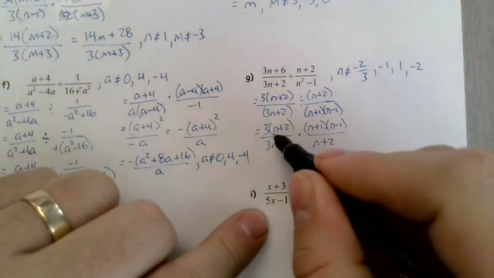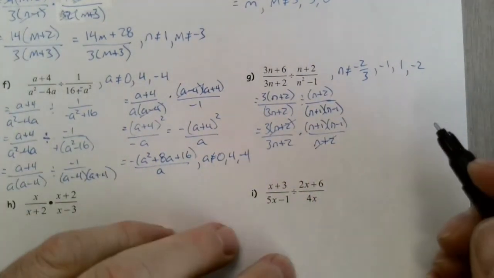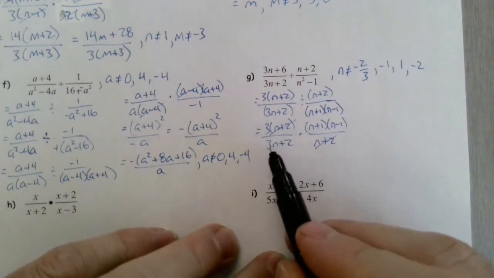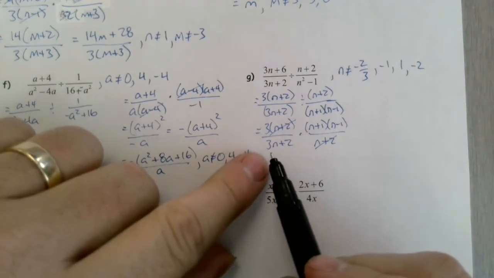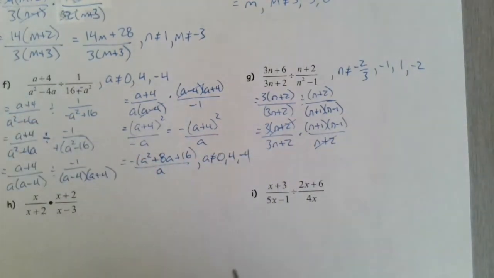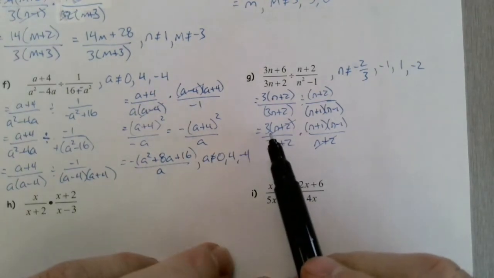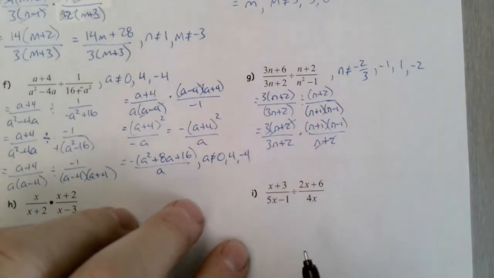But there is an n plus 2 here and an n plus 2 here, and those will cancel. You might think, well, then do those two 3's cancel? And no, they don't, because that 3 is locked in to a binomial factor. That 3 stands on its own. It is 3 being multiplied by a bunch of expressions.